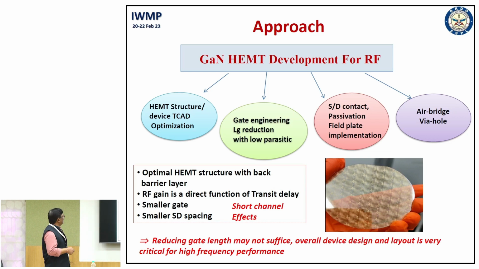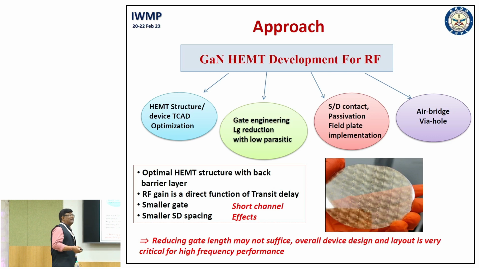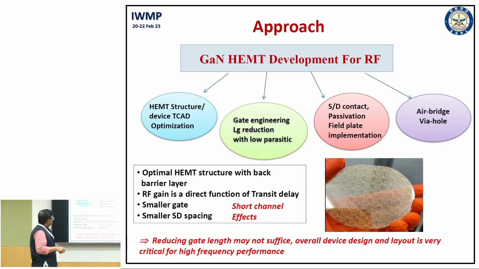So, you have to simulate and design that depending on your frequency requirement. Then gate engineering, because gate length is one of the important criteria, but the capacitances associated with the gate structure are equally important. And then source and drain are very critical, because they are ohmic contacts. So, they should offer minimum resistance.